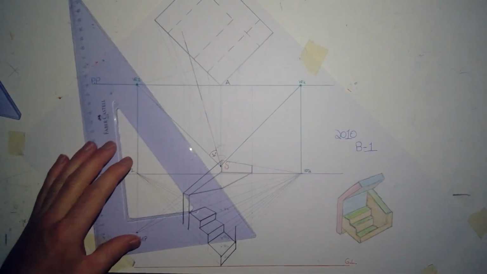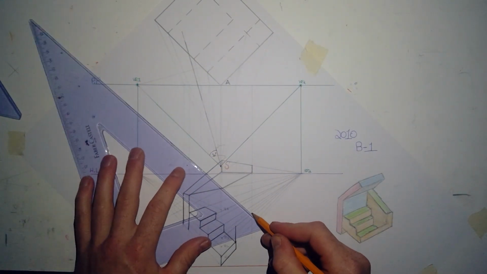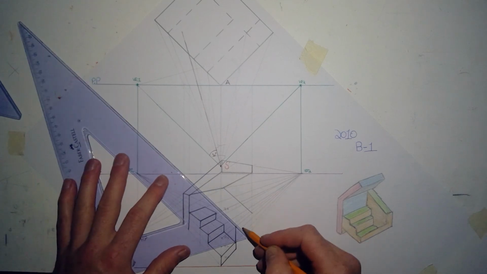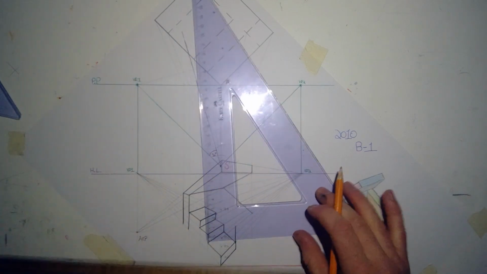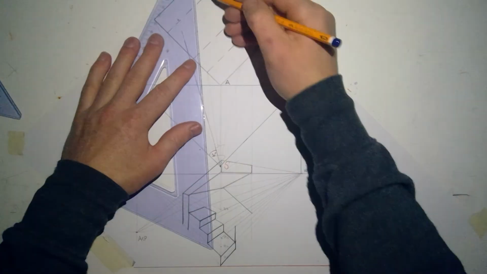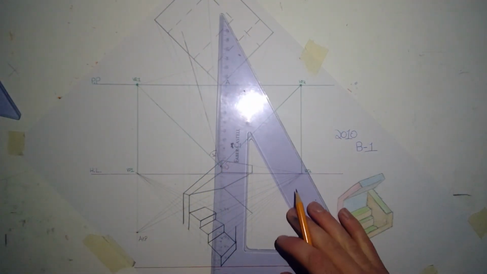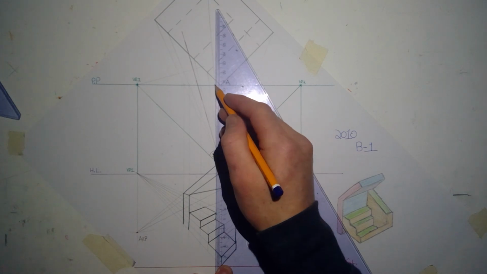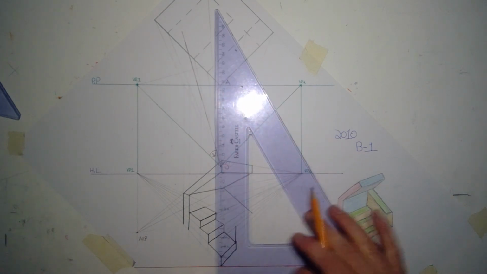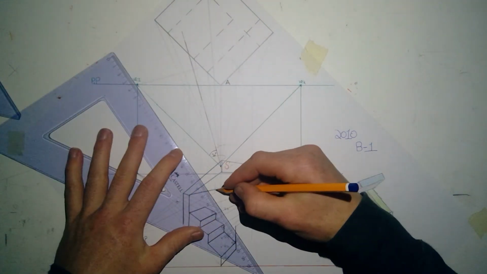And these points can simply get joined. So I can bring this to the spectator or across the picture plane. It comes straight down to meet the roof. So this section goes here.